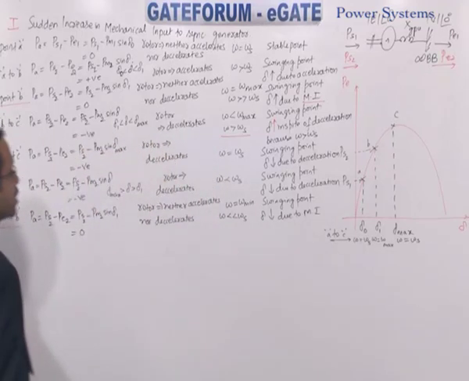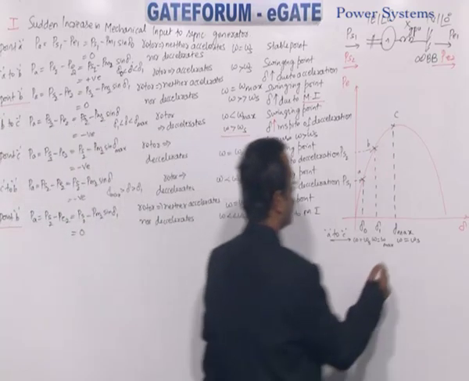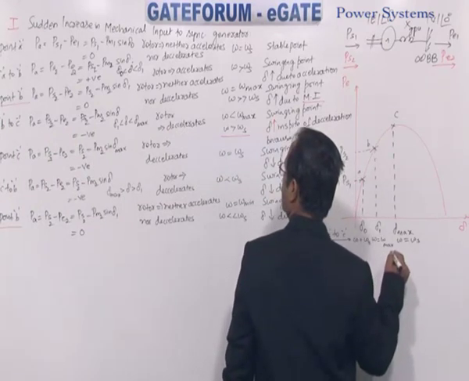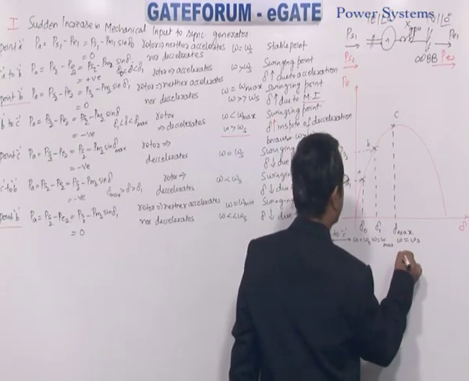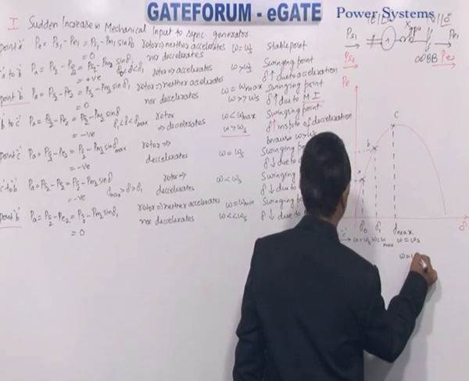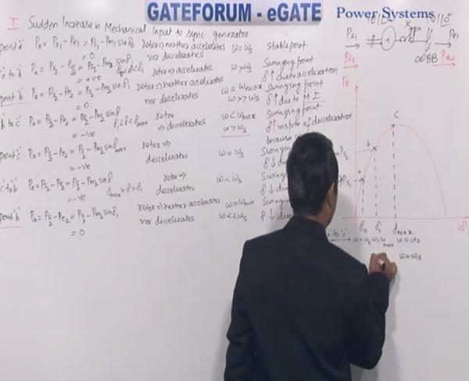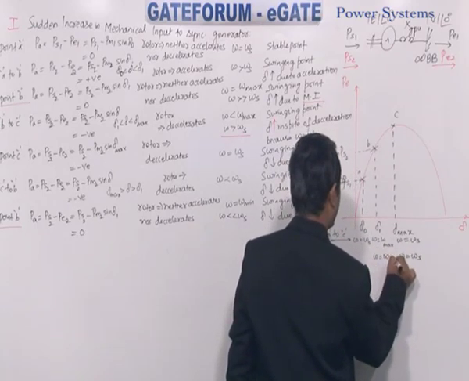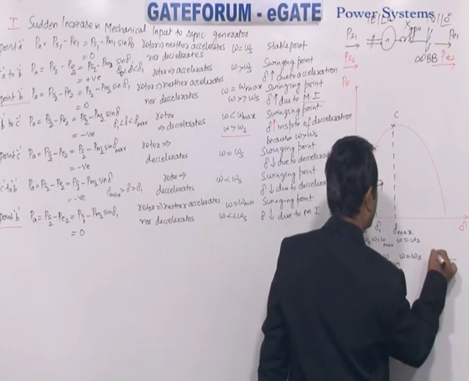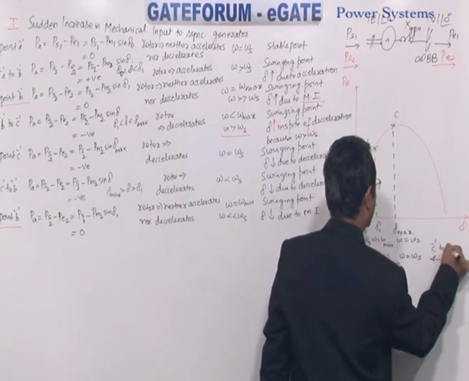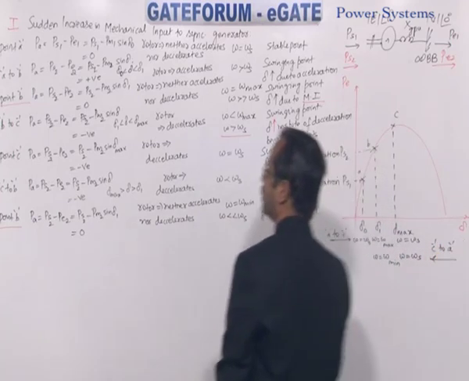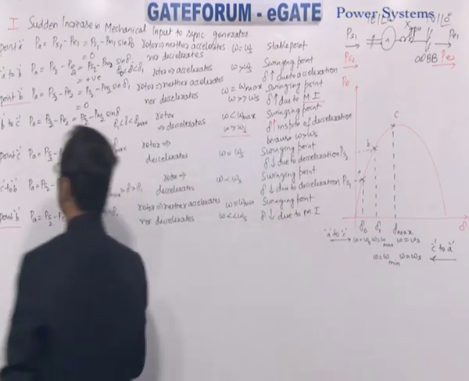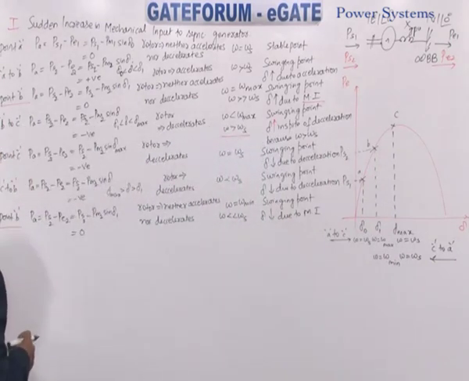Now we mention that at this point it is omega s. Now you got omega minimum. This is from C to A. What about from B to A now?